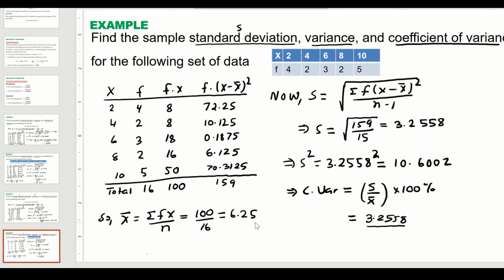The mean is 6.25, and we multiply that by 100%. Now, if we simplify this using a calculator, you should get 52.09%. That is the coefficient of variance. Make sure you check those calculations using a calculator.